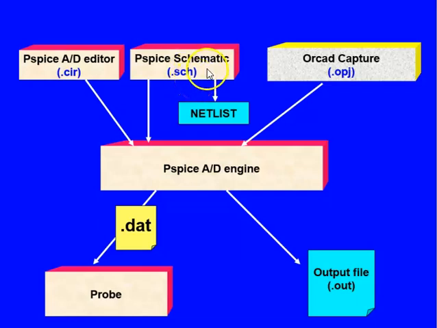Or we can use the PSpice version, known as OrCAD Capture. In OrCAD Capture, the schematic diagram is saved with the file extension .opj.